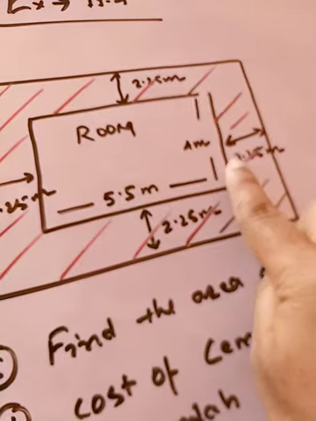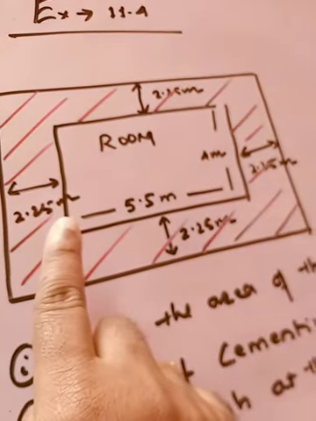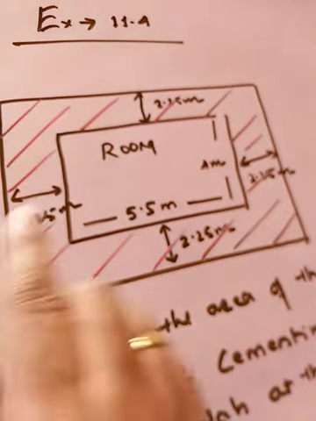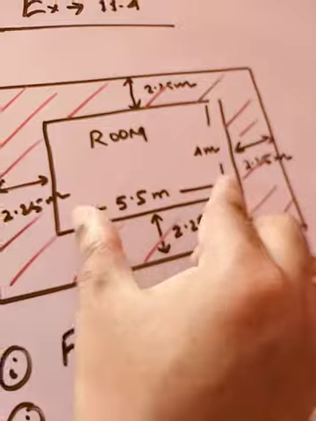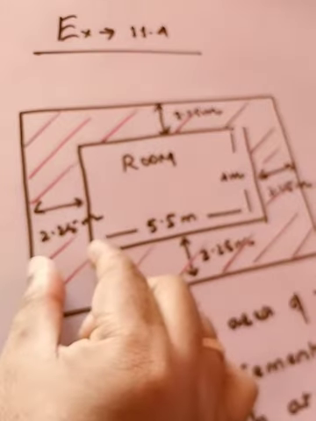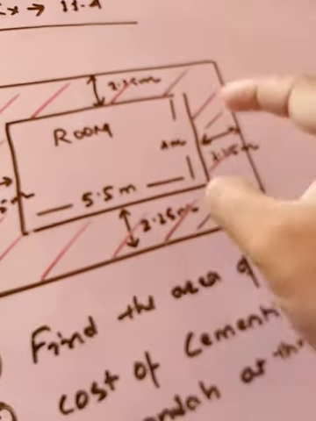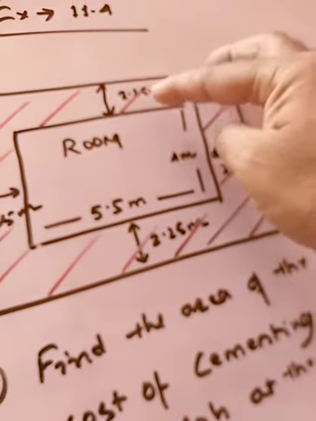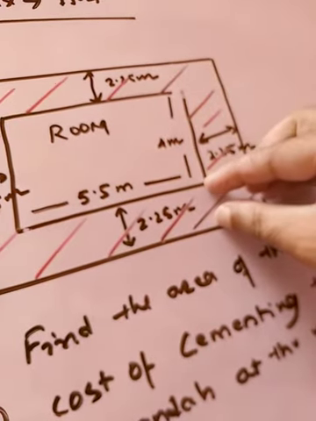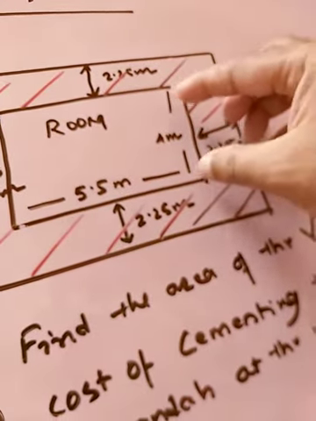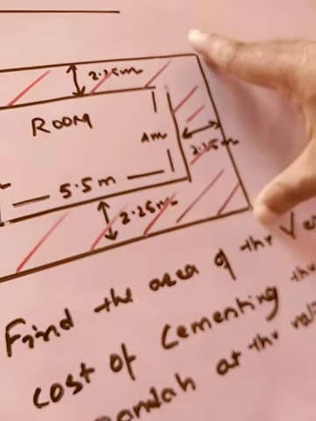We have to add 2.25 from the right hand side and 2.25 meter from the left hand side, so we add 2.25 twice with 5.5 to get this length. Similarly, if you add 2.25 from top and 2.25 from bottom with 4 meter, we'll get the required external breadth of the rectangle, isn't it?